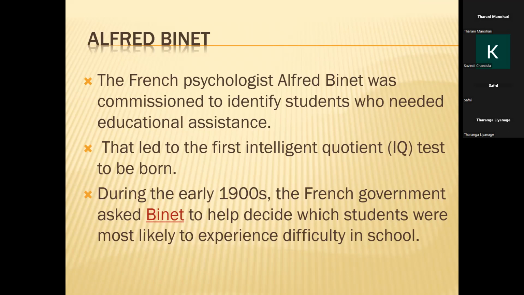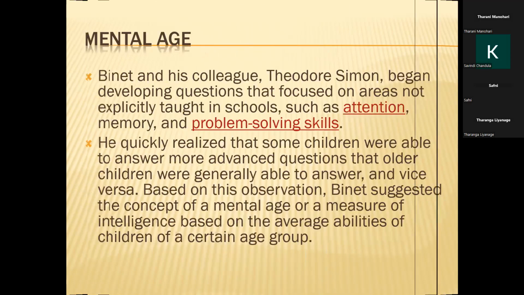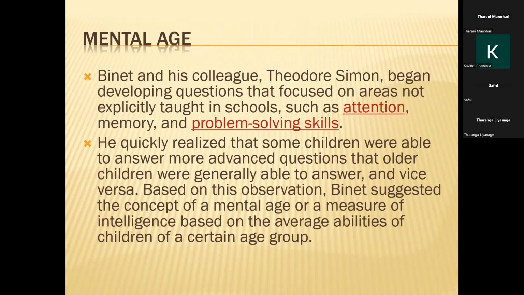So that was the task, finding out the learning difficulties, right? To find out the learning difficulties, he prepared a list of things that the students can do. The students who couldn't do those things were taken as students of special needs, and they were supported. That's the beginning of this. Then people took his list of abilities as a test, an intelligence test.